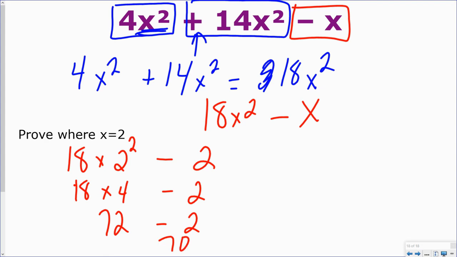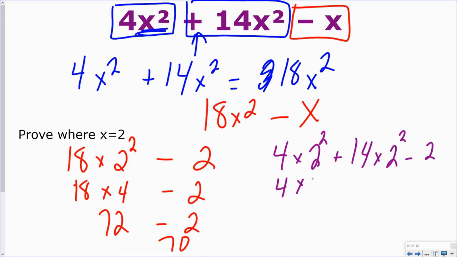If I put in my original, then I would have 4 multiplied by 2 squared plus 14 multiplied by 2 squared minus 2. 4 multiplied by 4 plus 14 multiplied by 4 minus 2.